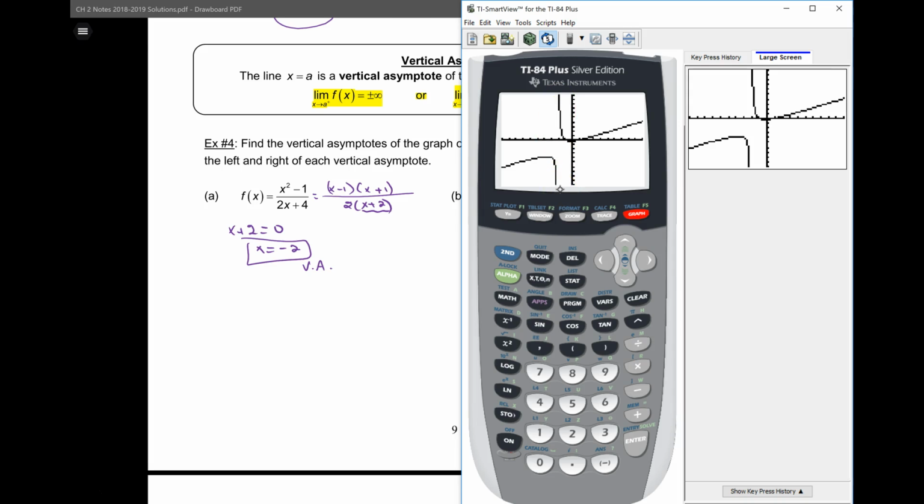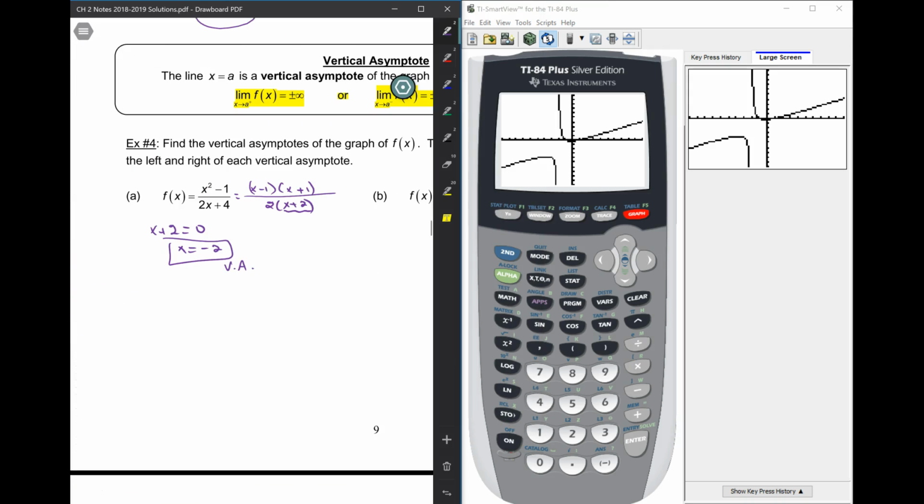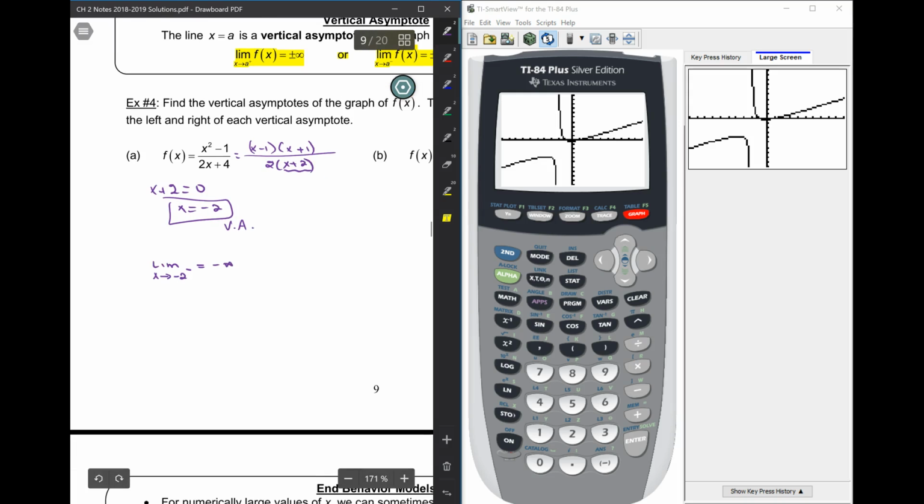So now we want to describe the behavior of this. The limit as x approaches -2 from the minus side is -infinity. The limit as x approaches -2 from the positive side is positive infinity. Okay, that is what we mean by behavior.